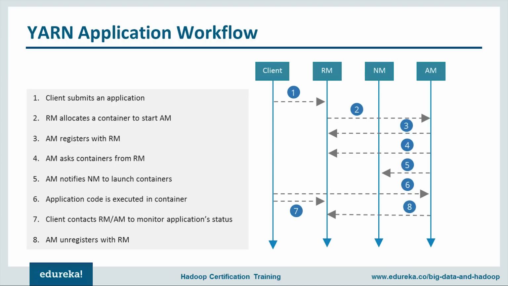The app master also notifies the node manager to launch containers, and after the containers are launched, the application code of the particular client is executed in the container. Then the client contacts the resource manager to ask for the application status, whether it has been executed properly or not, or executed successfully. Finally, the app master unregisters with the resource manager. So this is the entire workflow.